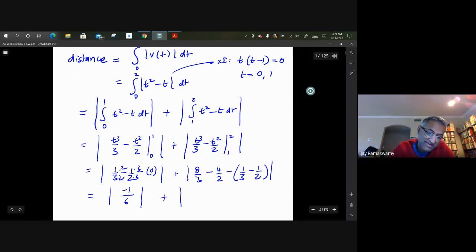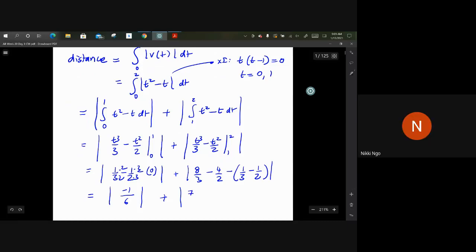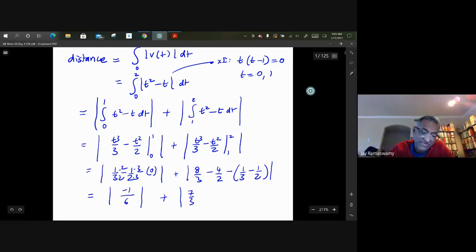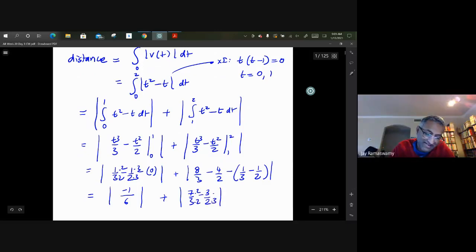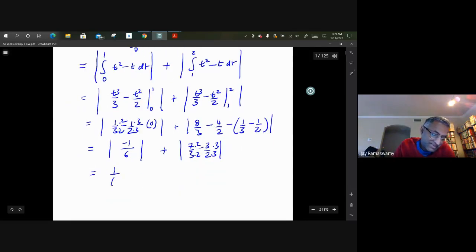Over here, let's do mental math. What's 8/3 take away 1/3? 7/3. Watch your signs. Be alert. What's negative 4/2? Negative 2. So we have 7/3 minus 2, and then the LCM again, 6. As was said, that's 1/6, and what's 14 take away 9? 5.